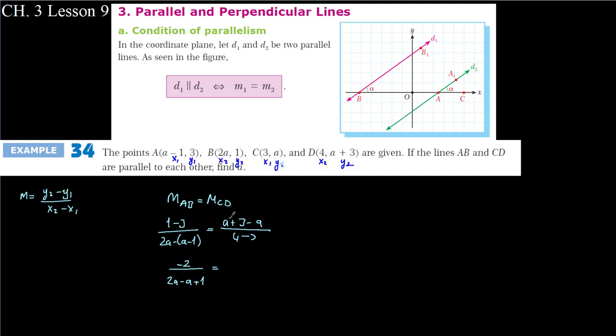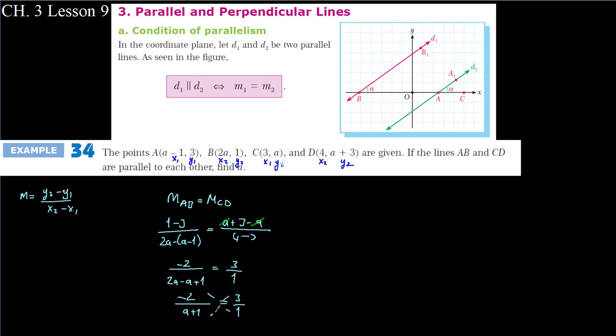In the upper part, a and a simplify each other, which means that we have 3 in the upper part and 1 in the lower part. Before cross multiplication, let me complete this part: 2a minus a plus 1 is equal to a plus 1, and it is equal to 3 over 1.